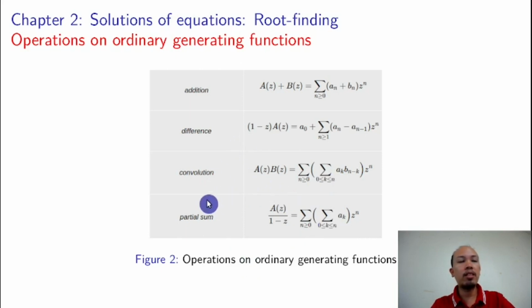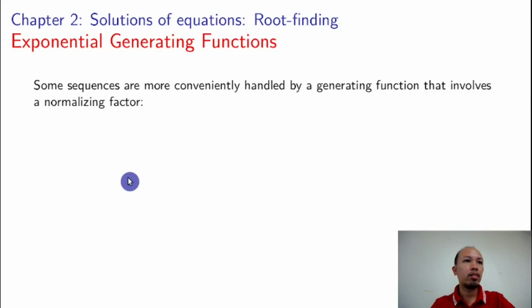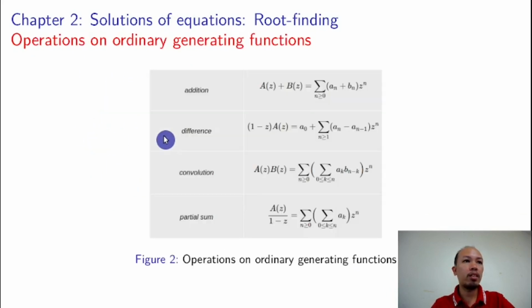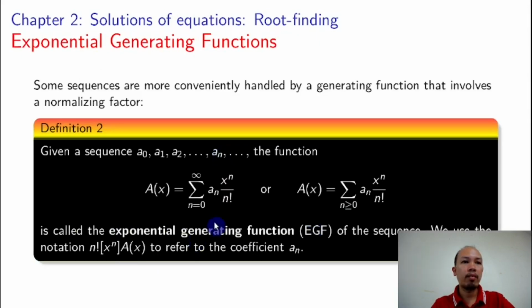They are just the same if you are going to use exponential generating functions, as we shall see later. So this is for the exponential. They are just the same as the ordinary. The difference is that here we have over n factorial.